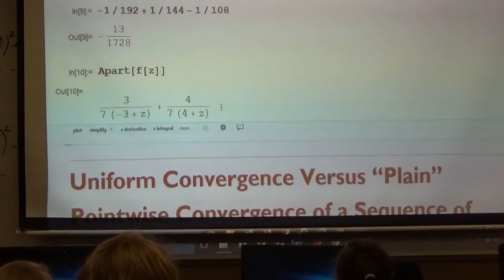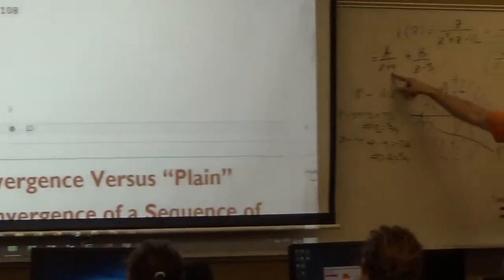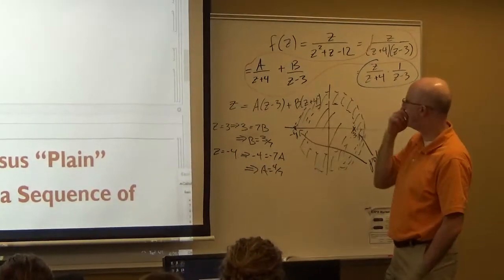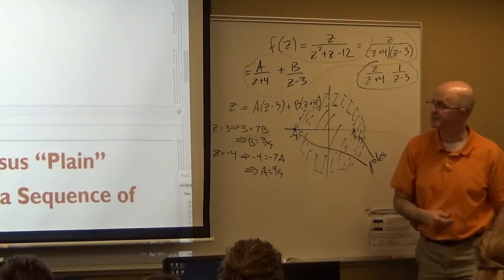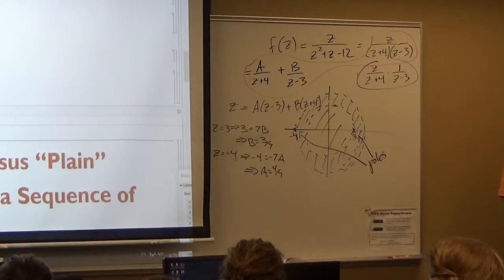So again, with a over z plus 4, which is the 4/7 over z plus 4, there shouldn't be any problem in the blue annulus to get the series expansion. It's the same as what I got before, and I erased it over there on the left side of the board.